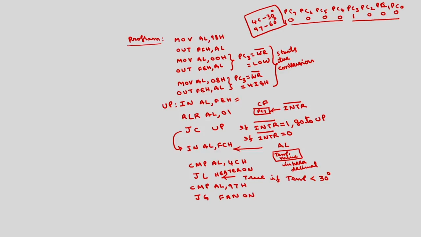Otherwise, if it is greater than 30 and less than 60, you do not have to turn the fan and heater on or off, right. So, you have to unconditionally jump to monitoring. You can call it repeat, you have to repeat the process.